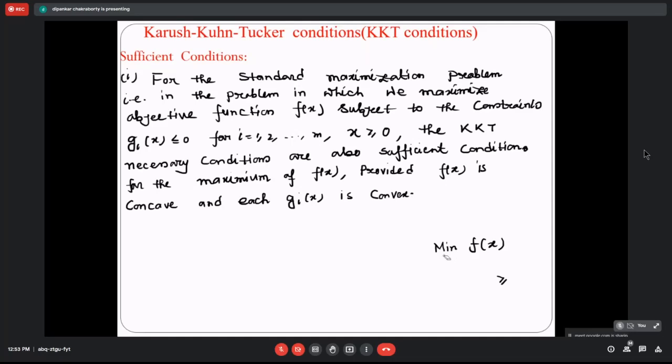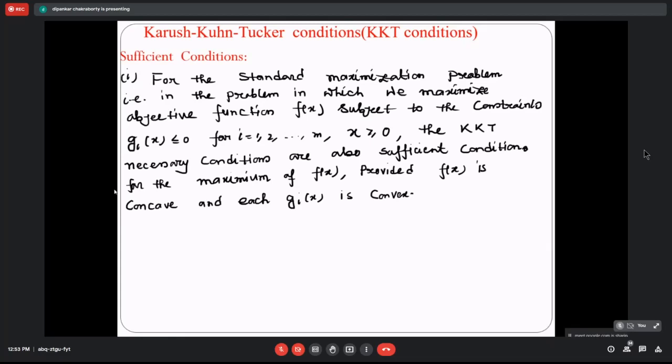Please go through the statement again. I will explain what is the meaning of this sufficient condition. If you have any query, please ask me, because this is what you need to understand before proceeding to solve a problem.